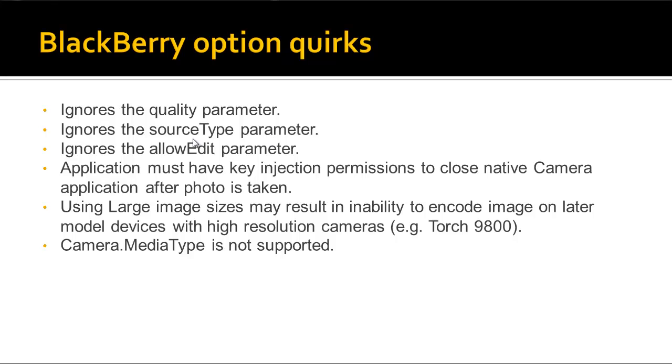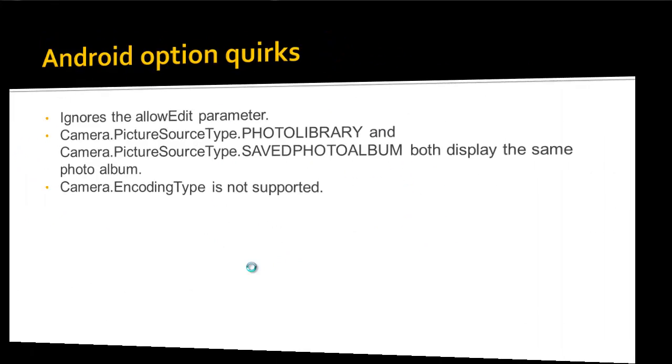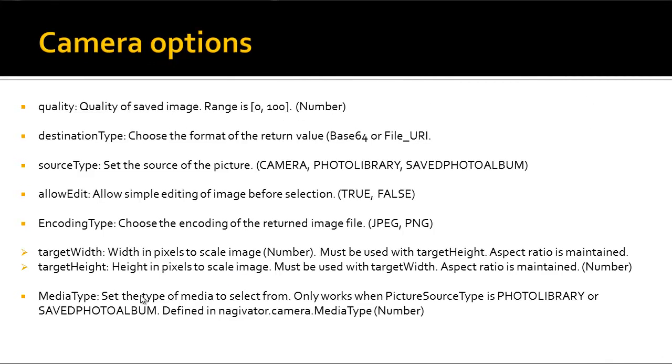So of course, if we can't gain access to the photo library or any saved photo albums on the device, then the camera media type is not supported, because if you remember, the camera media type parameter is set to only work when your source type parameter is set to photo library or saved photo album.